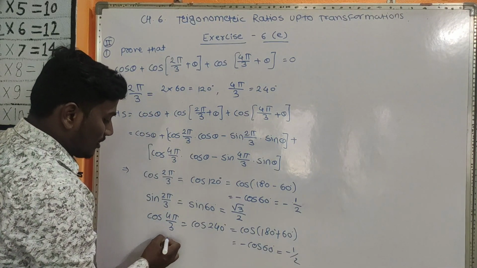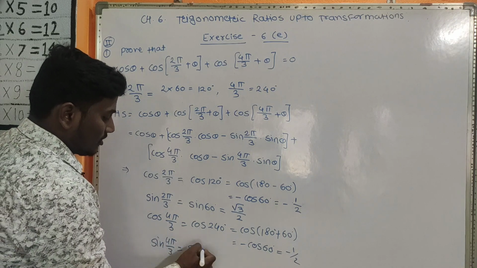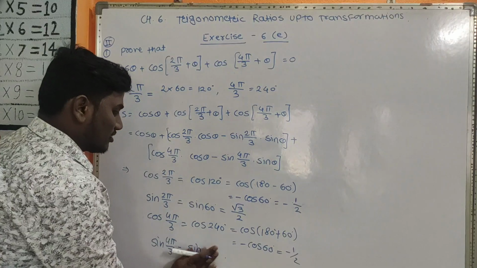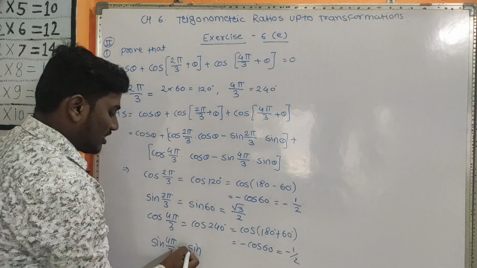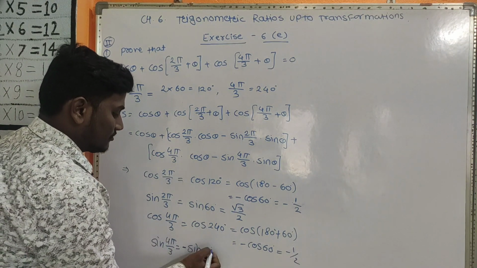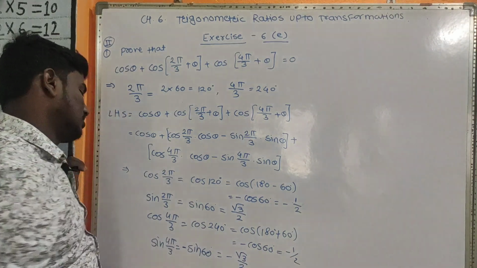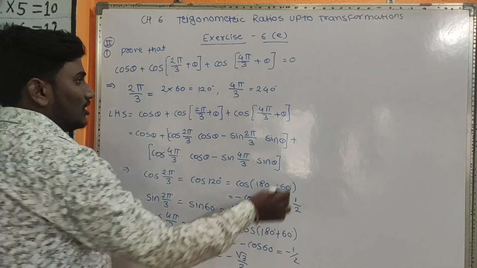Similarly sin 4 pi by 3 is sin 240. In the third quadrant sin is negative, so minus sin 60 degree is equal to minus root 3 by 2. Is it clear? So we can substitute all values in this equation.